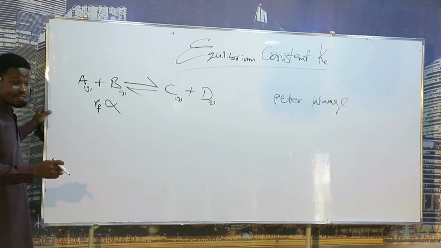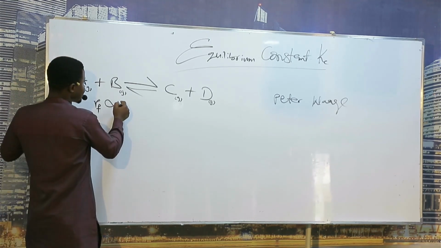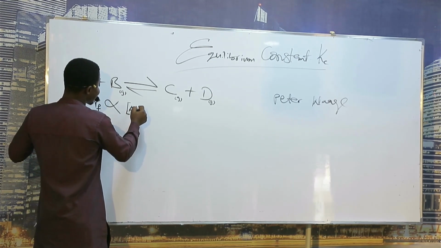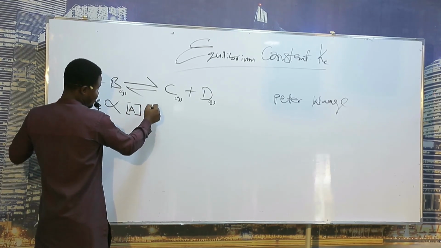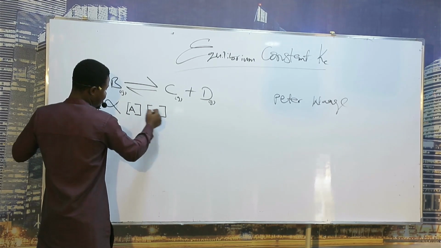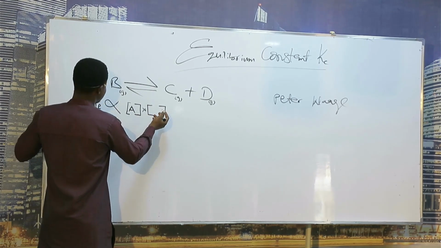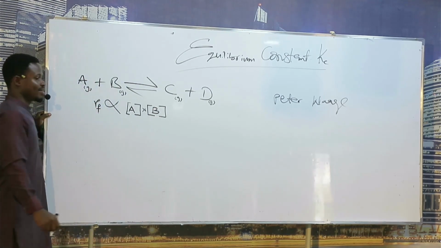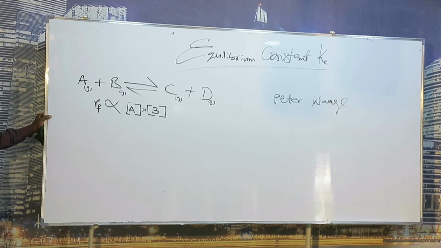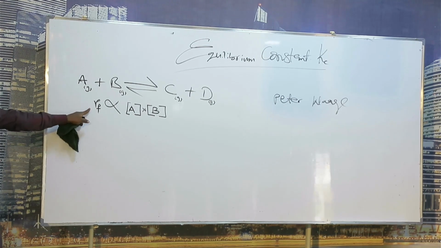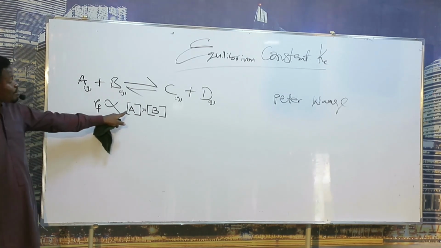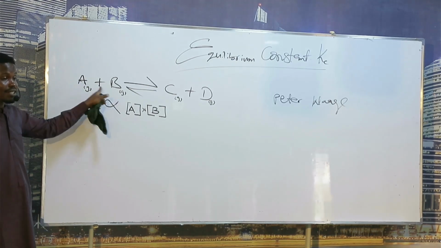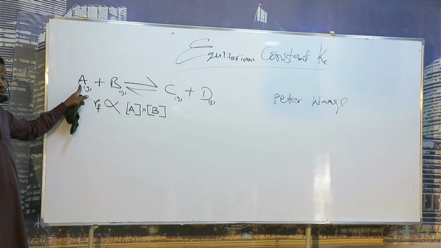What are the species involved here? The species involved here are A times B. The active species involved, A and B.